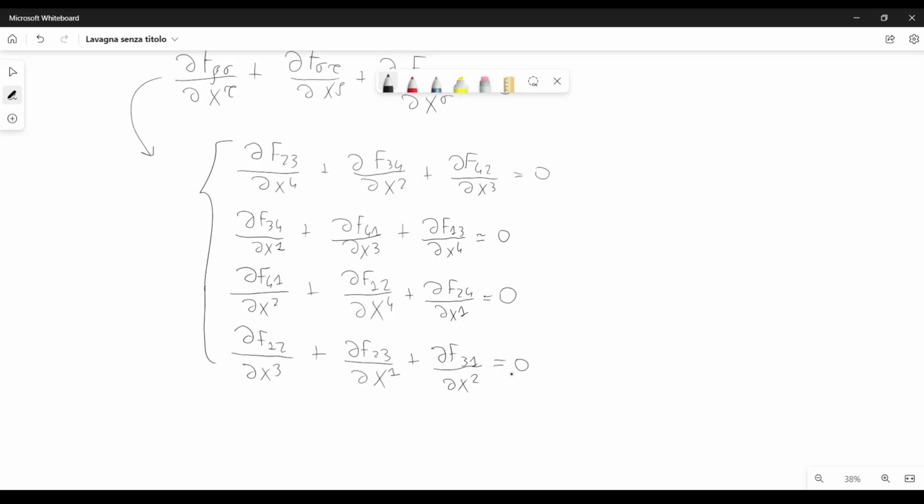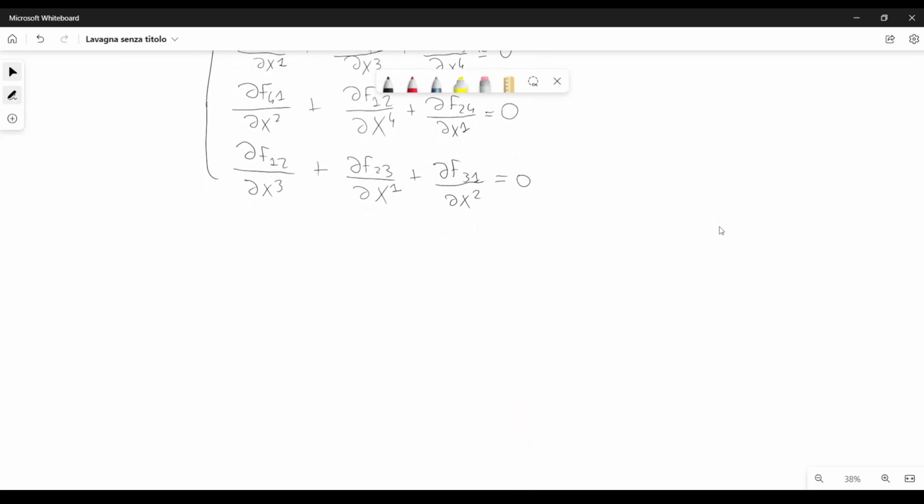Now, these equations correspond to one pair of Maxwell's equations, and in particular, we can show that if we choose the following 6 independent components of the tensor f sigma rho. So we have to choose f23 equal to hx, the x component of the magnetic field.